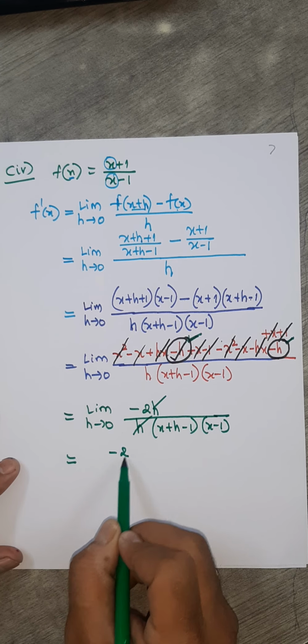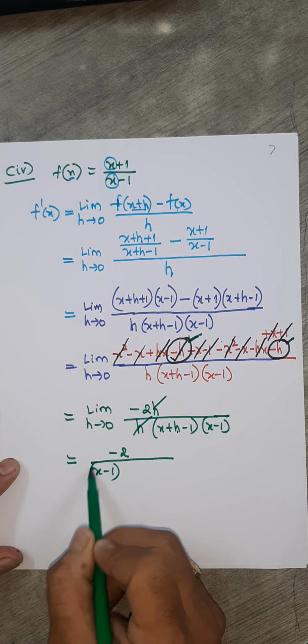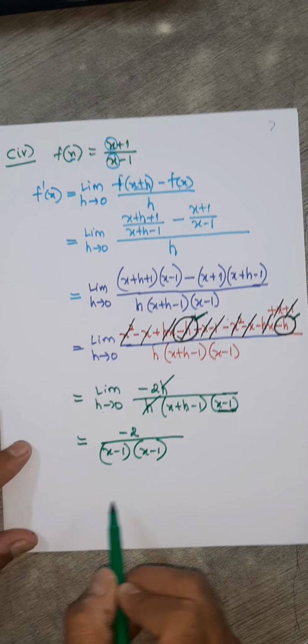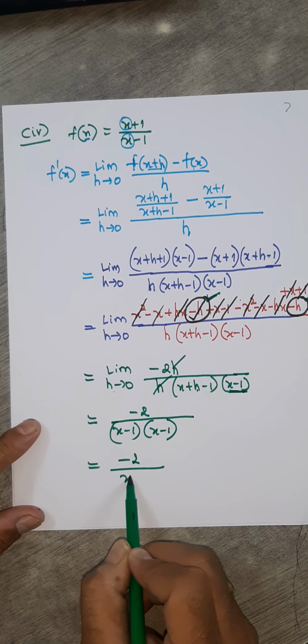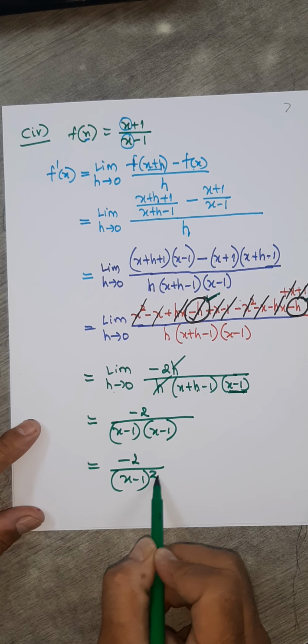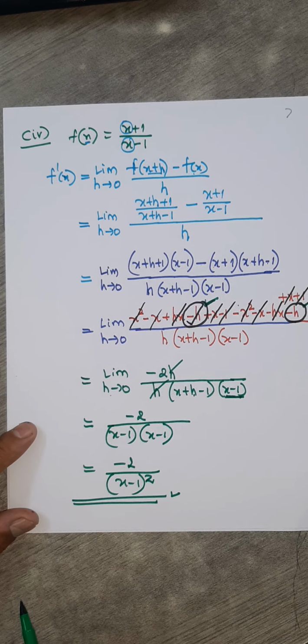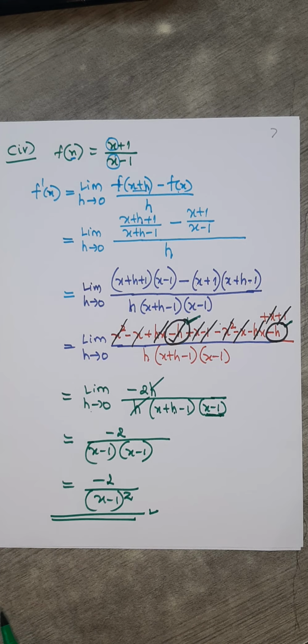So you have minus 2 upon, h tends to 0, so this is x minus 1, and there is no h in this, so x minus 1 as it is. So minus 2 upon x minus 1 the whole square by working rule, f dash x equals to this. You can try by division rule, of course you will get the same answer.